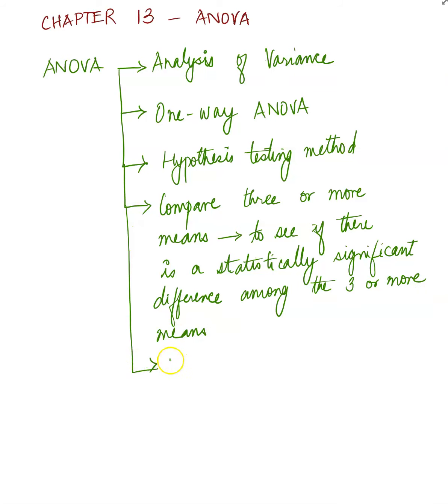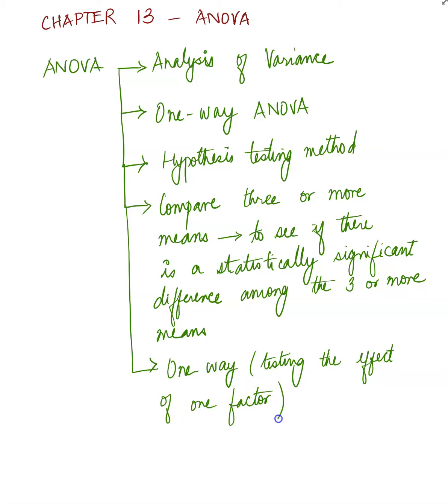We call it one-way, right? Because we are testing the effect of one factor or one variable. So a factor, when we say a factor, it's a variable.